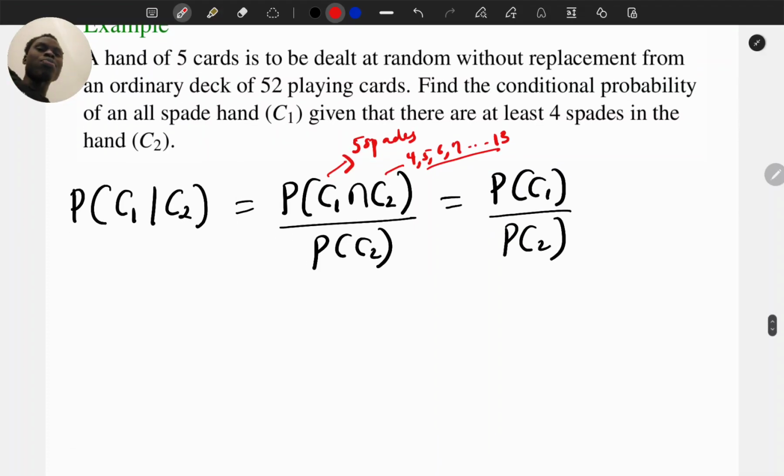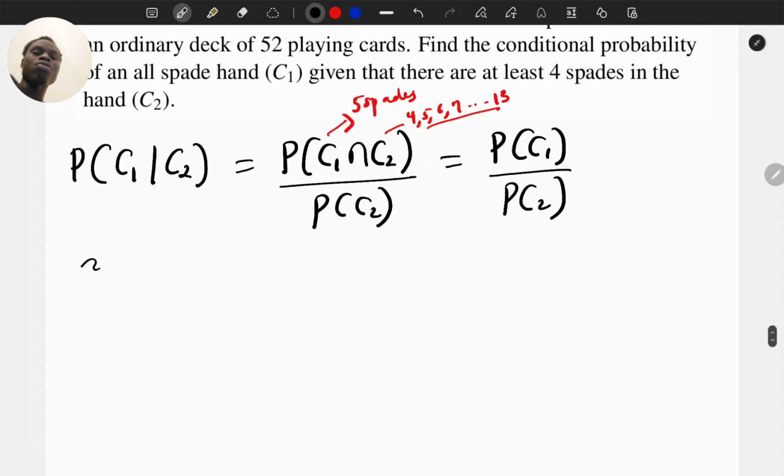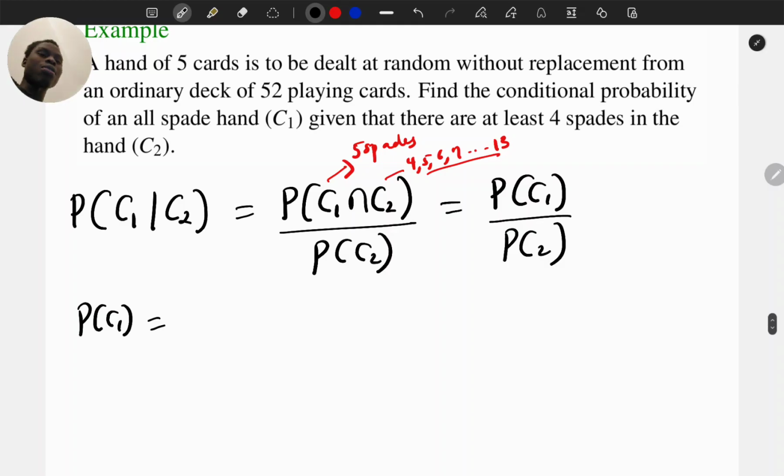Then we need to find the probability of C1, which is the probability of an all-spade hand.